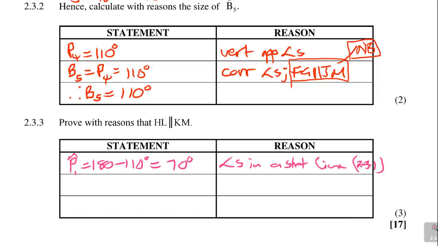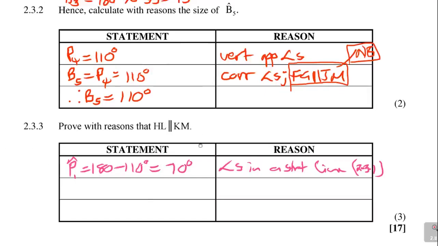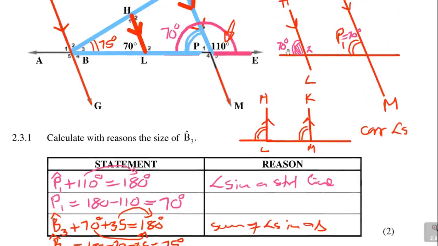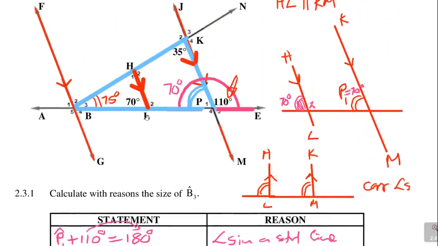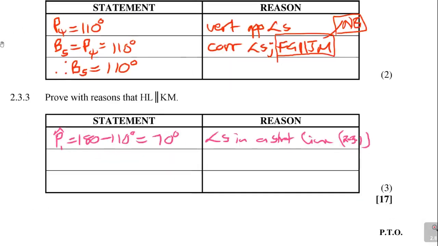Then from there, you're going to say, but L1 is equal to 70 degrees. Use the word but. L1 is equal to 70 degrees, and then what is the reason there?